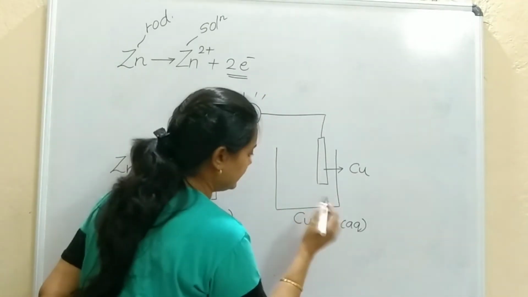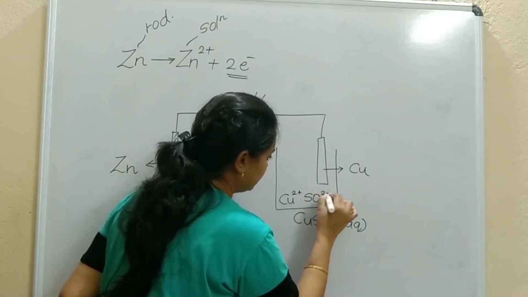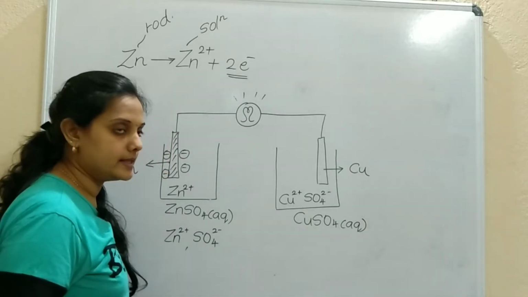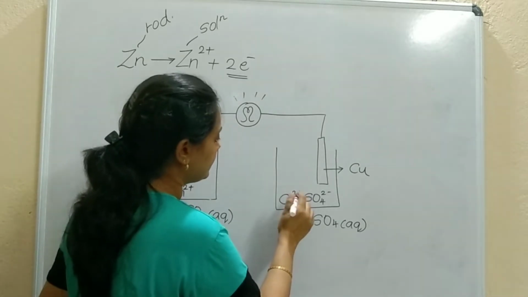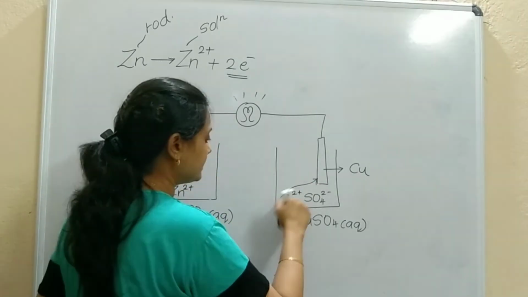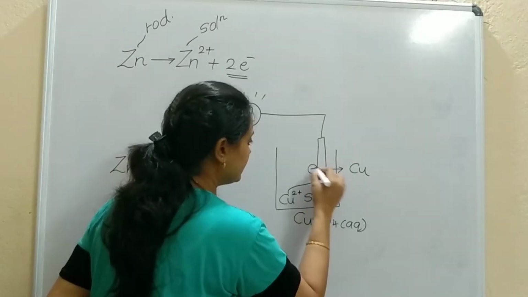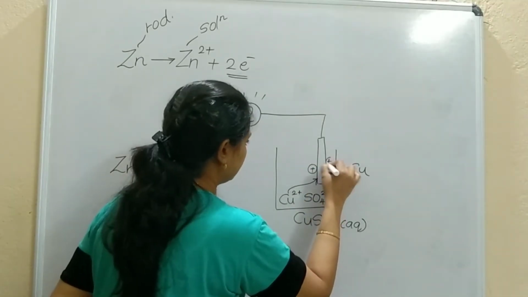And over here, in the electrolyte, copper ions Cu2+ and sulfate ions are present. So Cu2+ will move towards copper, correct. As the positive ion is moving towards the electrode, that electrode is positively charged.